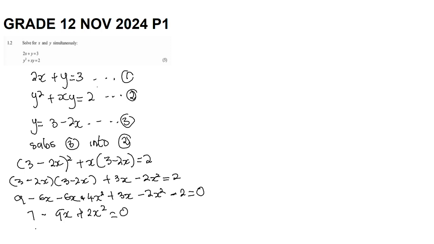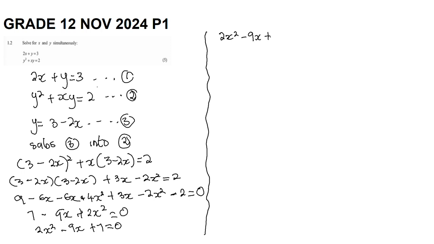So we can rewrite this in a proper way. We have 2x squared minus 9x plus 7, all this equals 0. So now you just have to solve for x from this quadratic equation. Let me rewrite it again here: 2x squared minus 9x plus 7 equals 0.